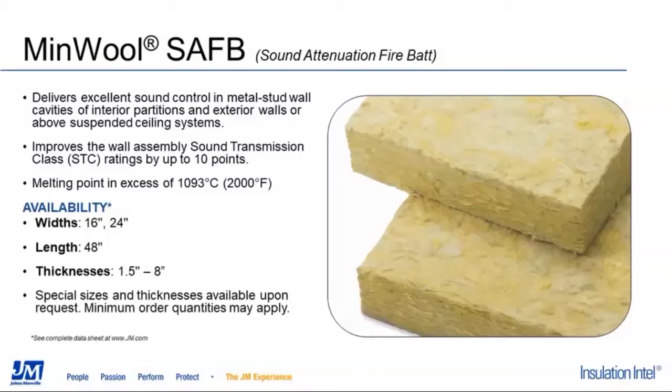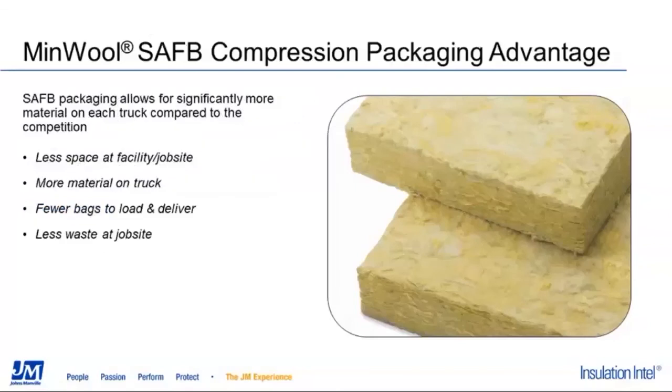A big advantage for our SAFB material compared to the competition is our compression packaging. So we get a lot more material on a truckload of our SAFB SKUs than our competition does. This is a big benefit all through the supply chain. It helps us take up less space in our warehouse, and helps you, the customer, use less space in your warehouse.